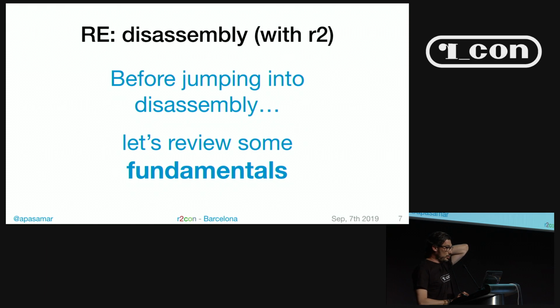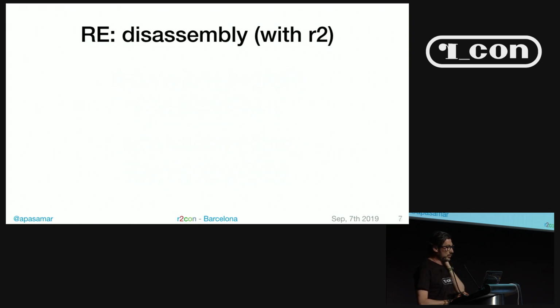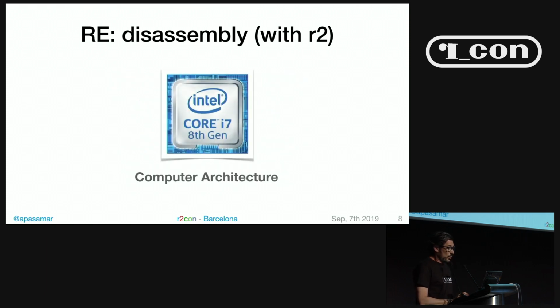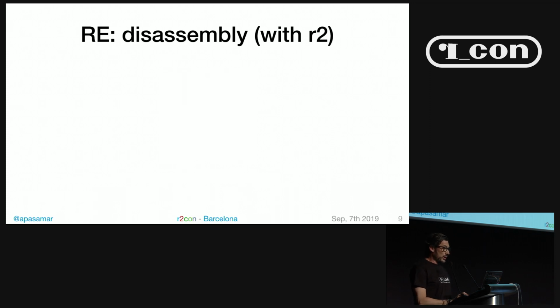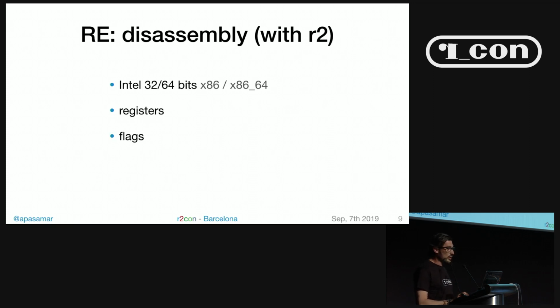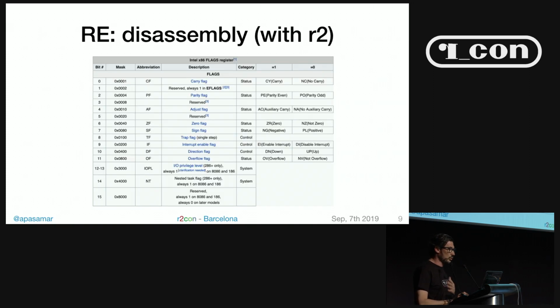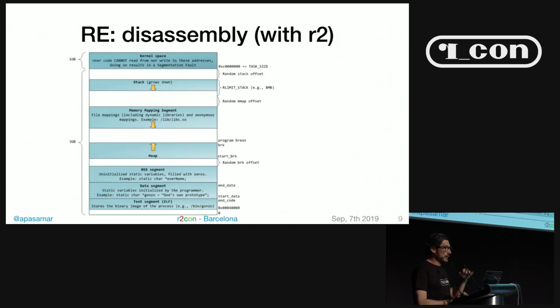Well, before jumping to disassembly, let's review some fundamentals. For example, you have to review the computer architecture, the Intel 32 and 64 bit architectures, also registers, flags, and memory, especially what the stack is, what the heap is, where local variables are stored, etc. We are going to review this a little bit later.